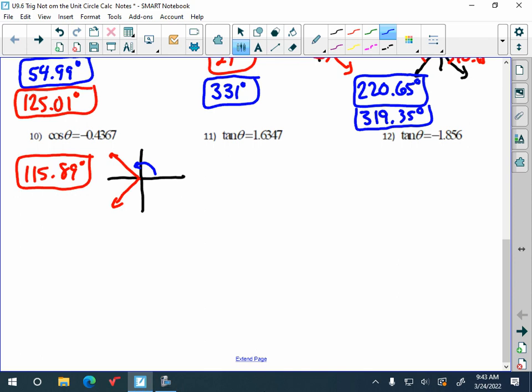On this one, you could find this reference angle here. You can take 180 and subtract off 115, that's this angle. This angle right here is going to be congruent to this angle. These are equal. Then we can take this plus this plus this. This is the sum of parts.